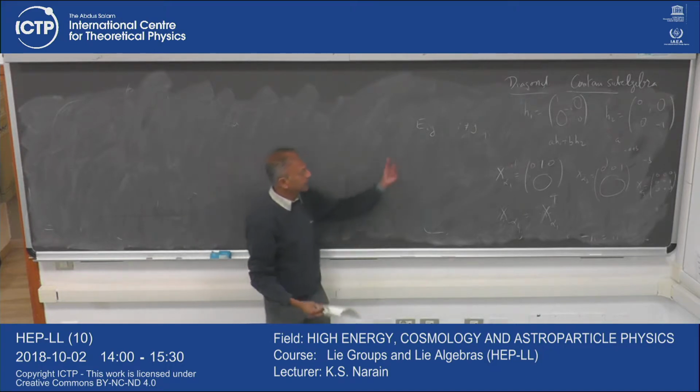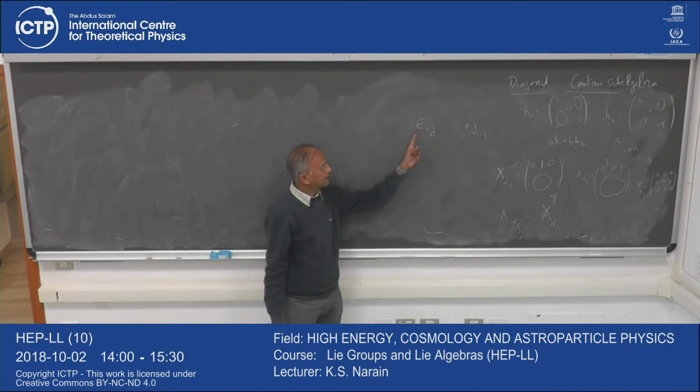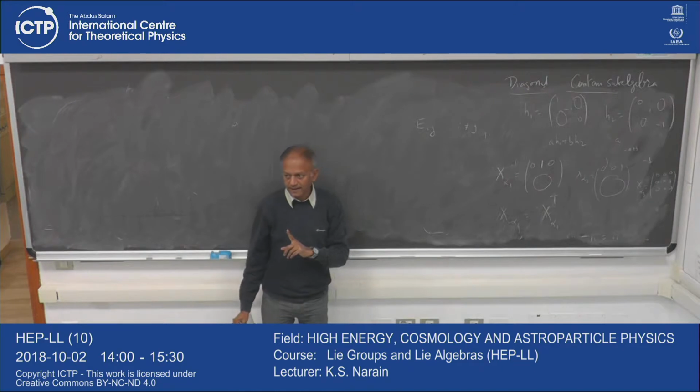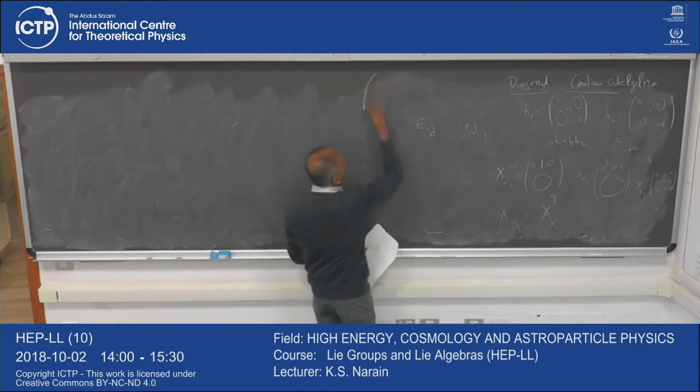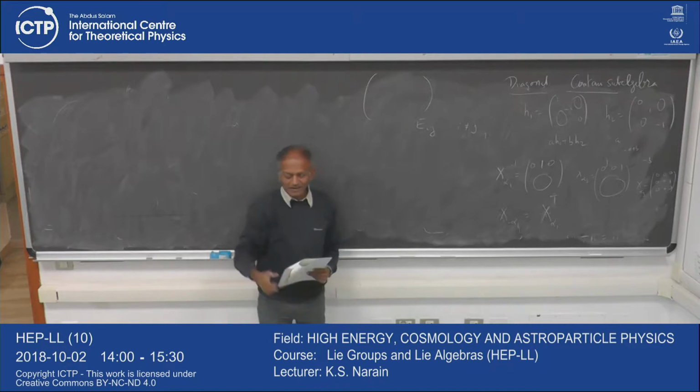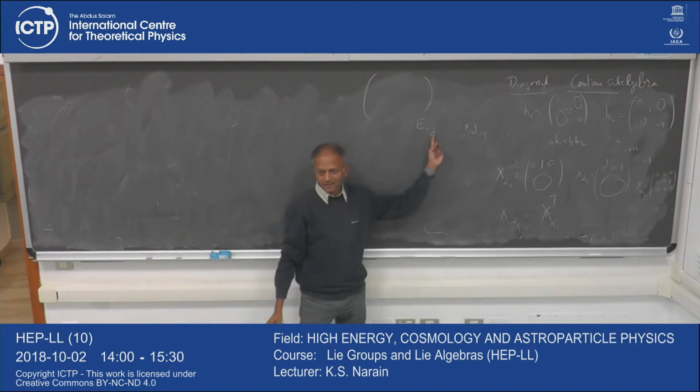So E_ij was an n by n matrix whose only non-zero element is the one which appears at the ith row and jth column. Sometimes when you see this ij, you think that it is a row and column. Of course in a way it is, but what I mean is that this whole thing is a matrix.